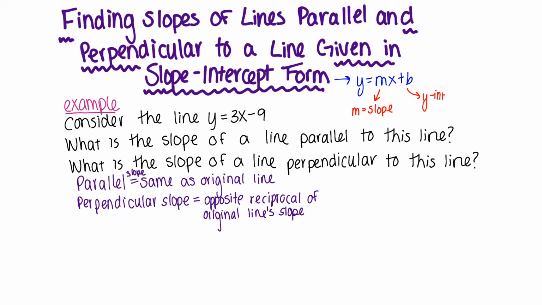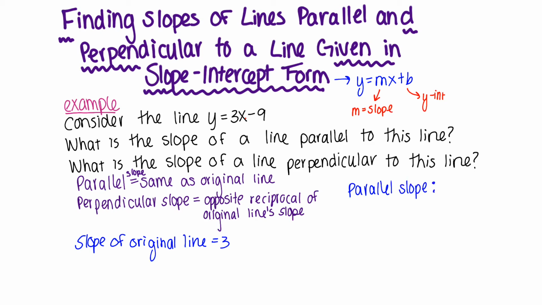Let me erase that. In this line right here, we have 3x minus 9. That means the slope of our original line is 3. That's the number in front of the x. That means that the parallel slope is the same.